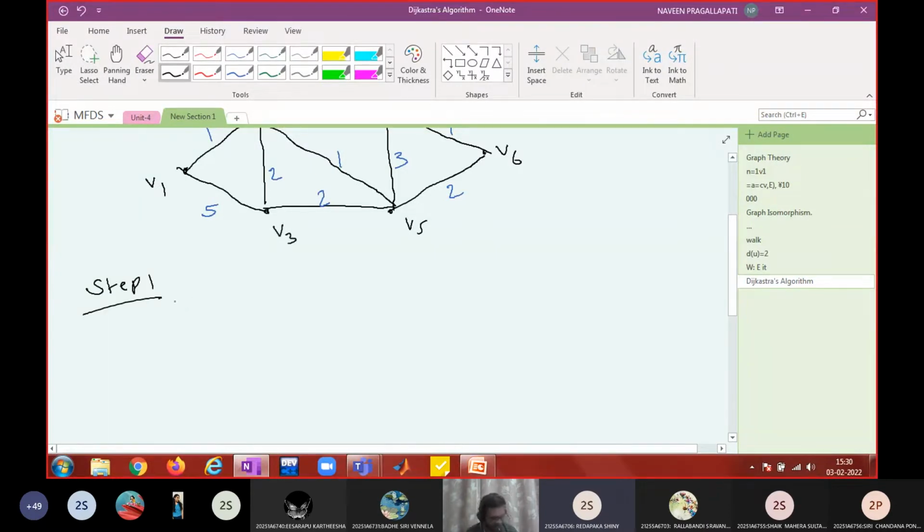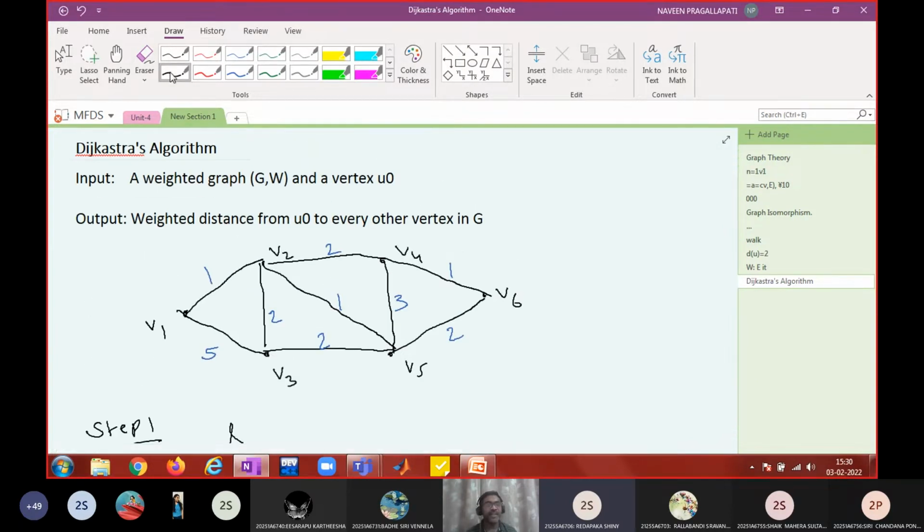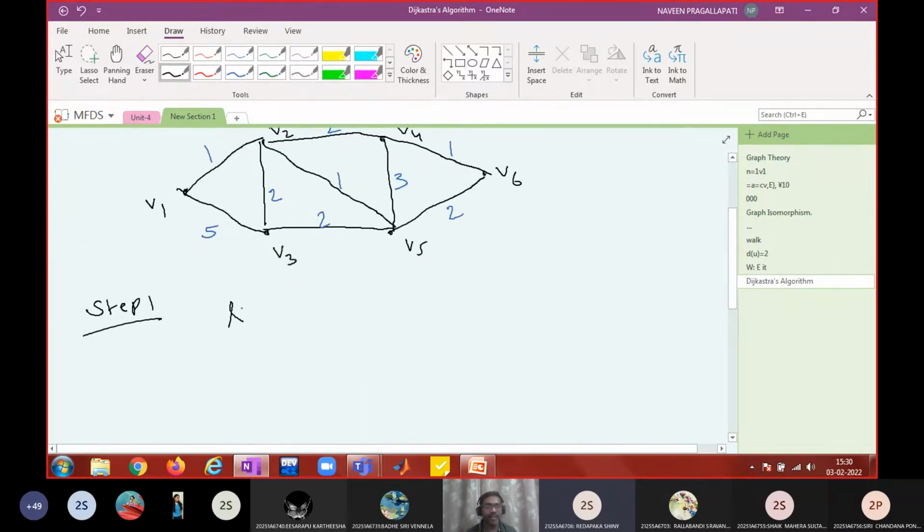is initialization. First you assign, from which vertex you want the distance, the length as zero.